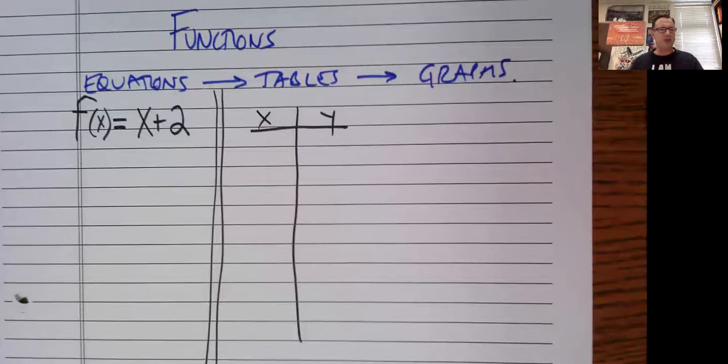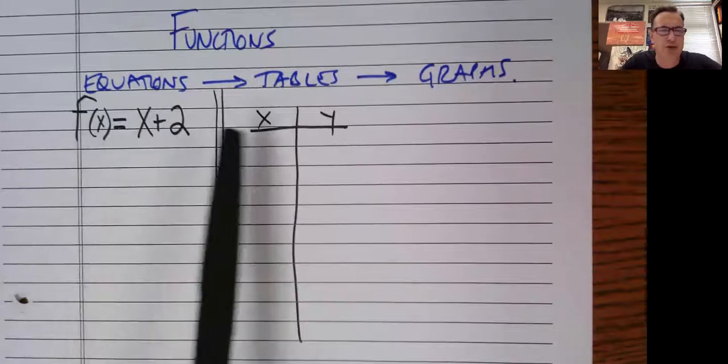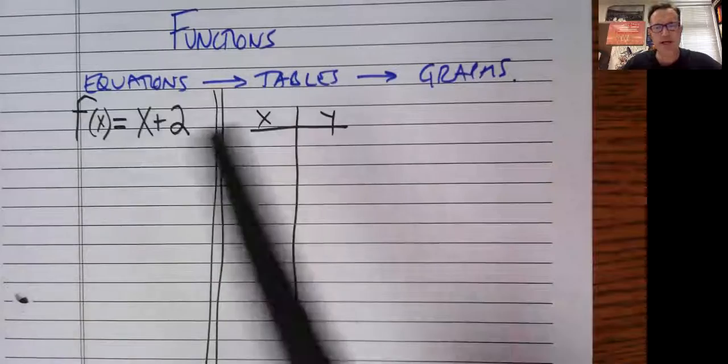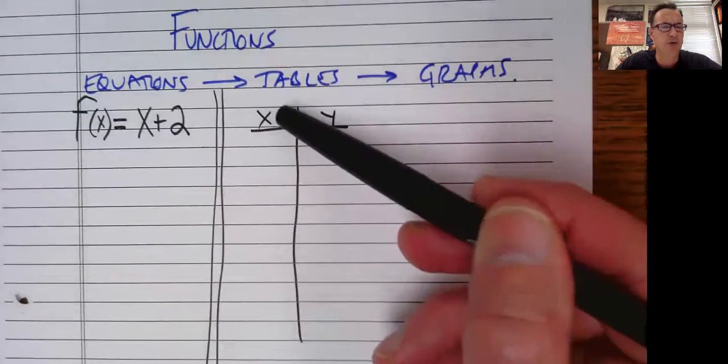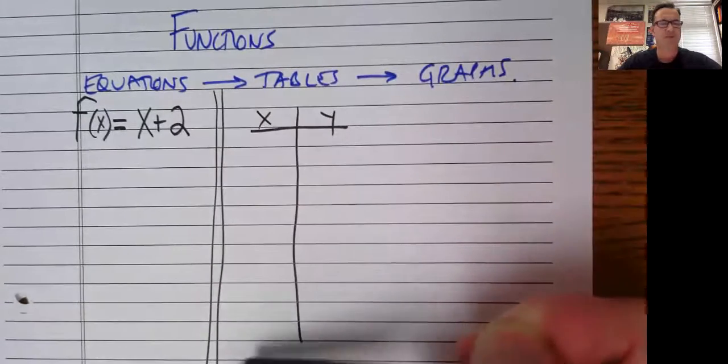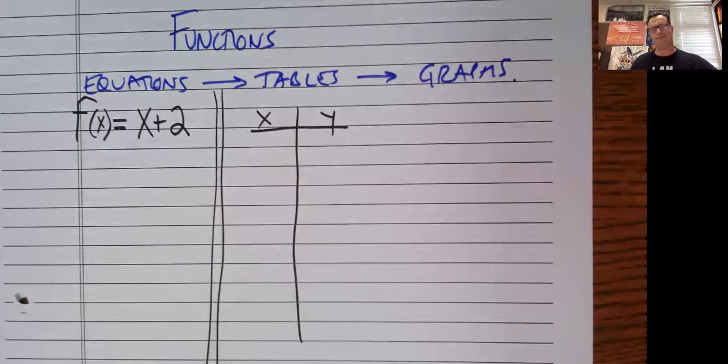To go from an equation to a table, all you need to do is pick some input values to choose. I'm going to choose 5 of them because I think these will be easy. And I'm going to use different colors to show what we can do with this.